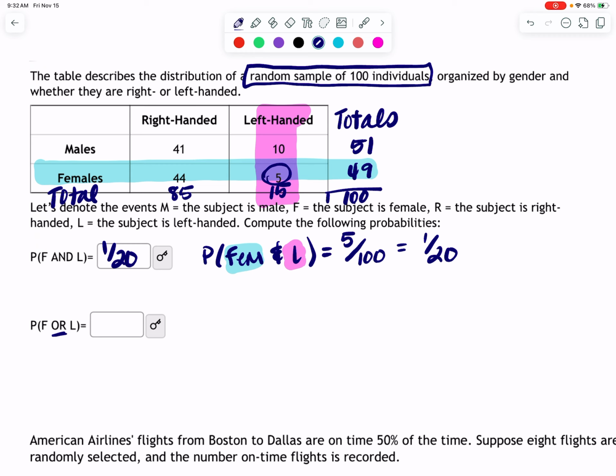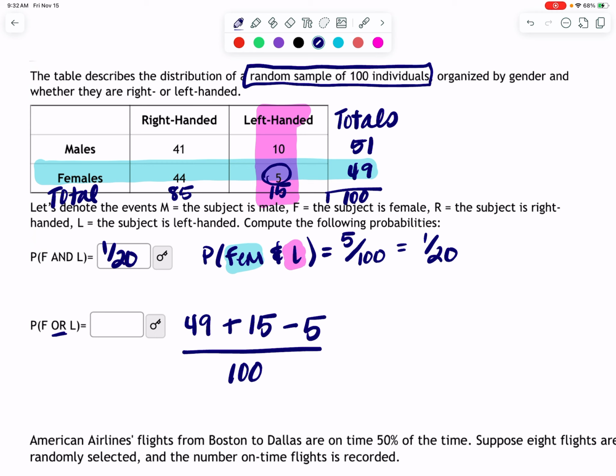Female or left-handed, when it's an or, we take out the double counted parts. The double counted parts happens to be that 5 that we used for the and. So I need total females, total left-handed, minus the ones that were both, out of the total sample size.